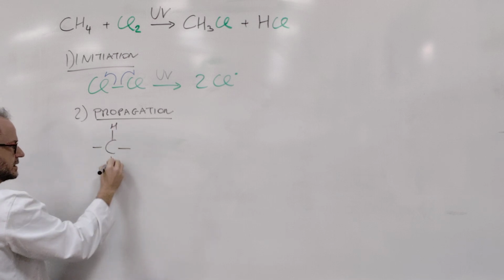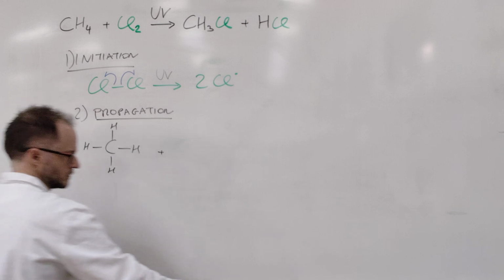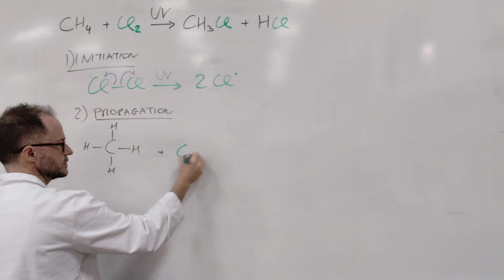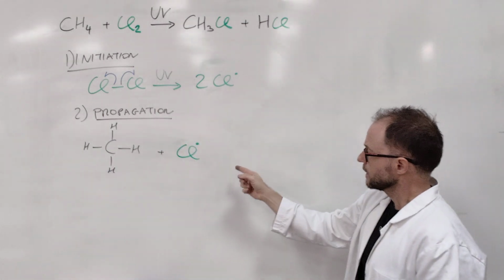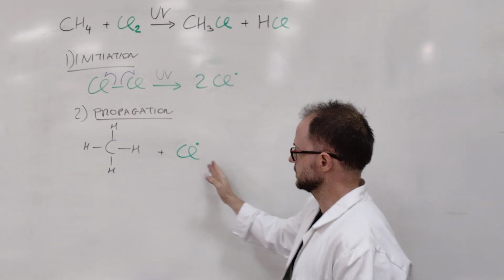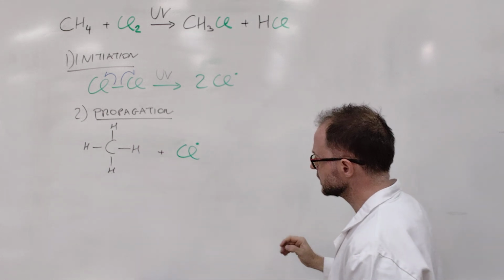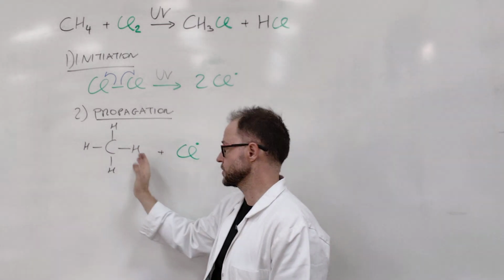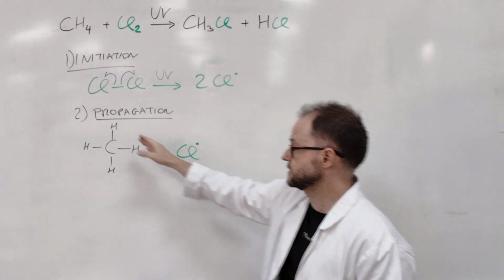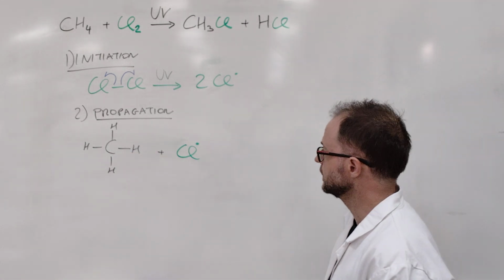Displayed so we can see the electron movement. Try and keep it green to show chlorine. Okay. So, the chlorine free radical collides with the methane molecule, and the outer shell overlaps with the outer shell of the hydrogen. Technically, it's the molecular orbital, but we can talk about that a little bit later if you like.